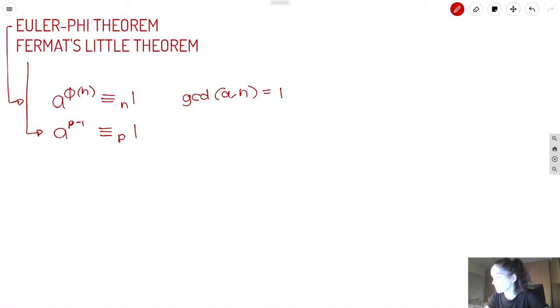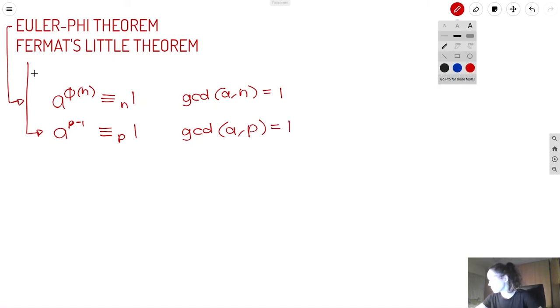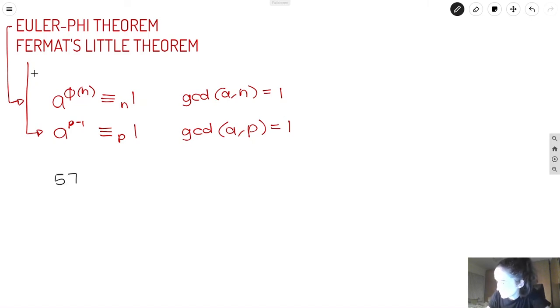Also, the GCD of a and p equals 1. So let's look at an example. Say we had 57 as being a, and we take n as being 11.